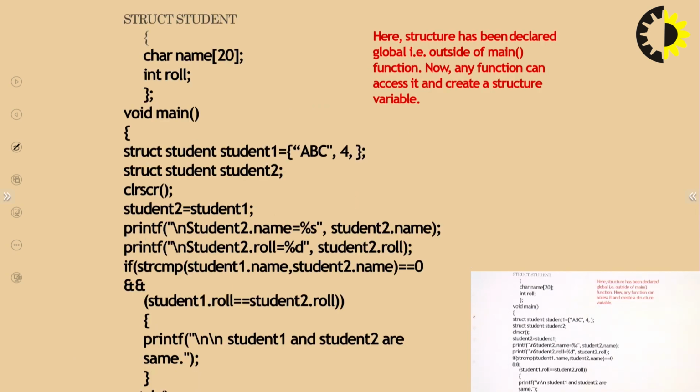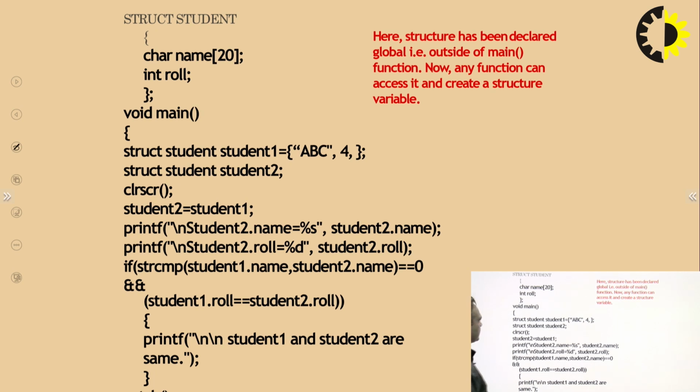Here student is a structure with two field members, name and roll. One is a string and the other is an integer value. Here we declare two structure variables, student 1 and student 2. Student 1 is initialized with ABC and 4.